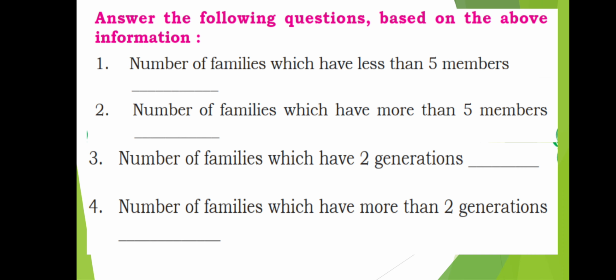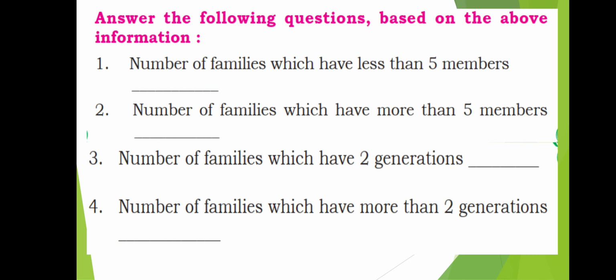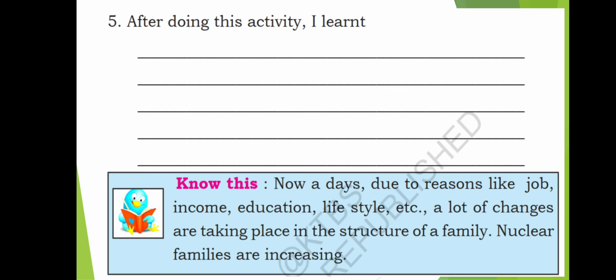On the basis of these details only, you need to answer the following questions: number of families which have less than 5 members, number of families which have more than 5 members, number of families which have only 2 generations, and the number of families which have more than 2 generations. On the basis of this table only, you need to answer all these 4 questions.